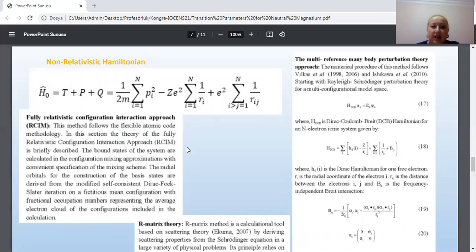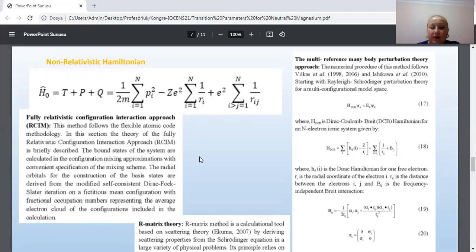In this section, the theory of the fully relativistic configuration interaction approach, RCIM, is briefly described. The bound states of the system are calculated in the configuration mixing approximation with convenient specification of the mixing chain.